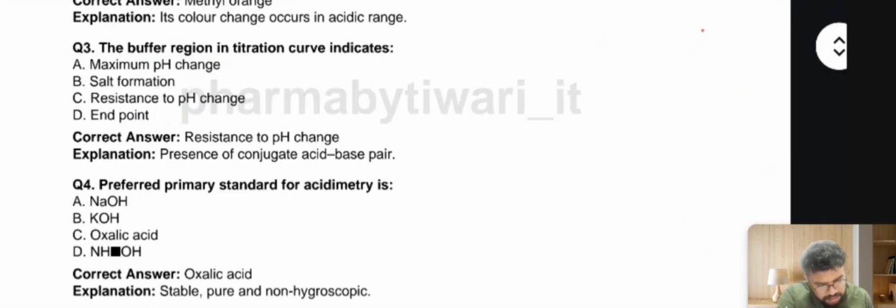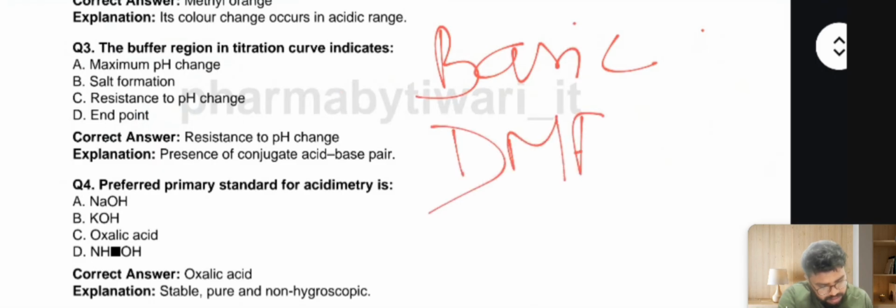In this, which type of solvent do we use? Basic solvents like DMF, etc.